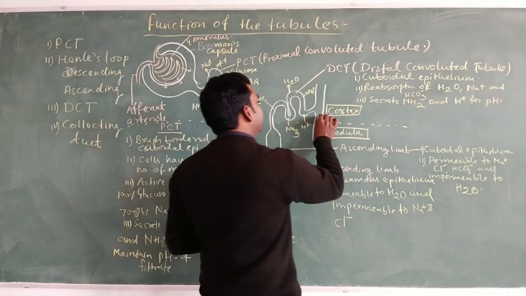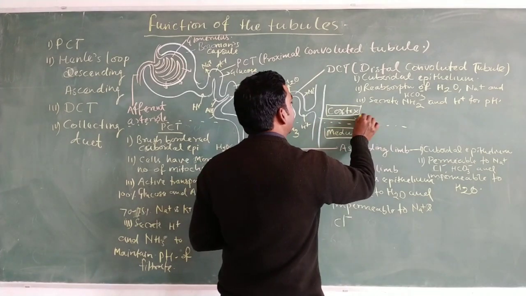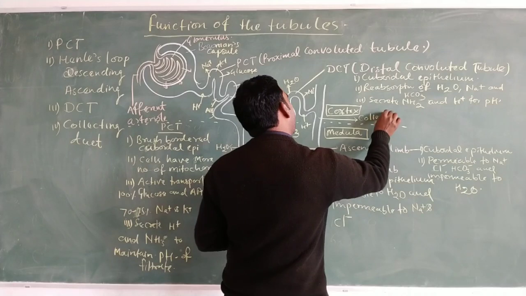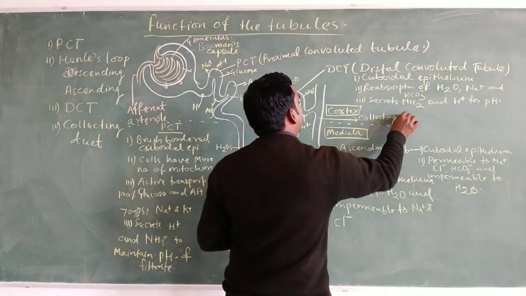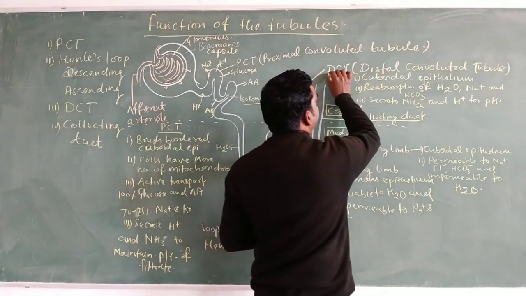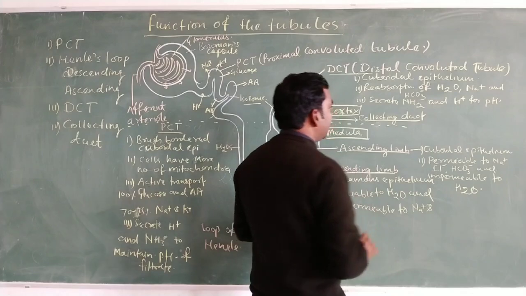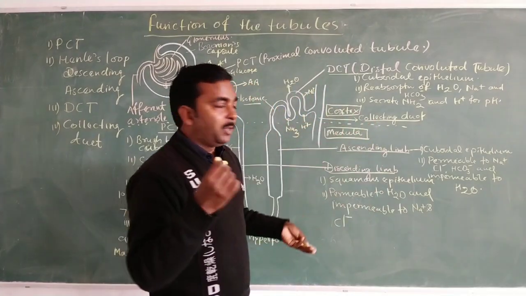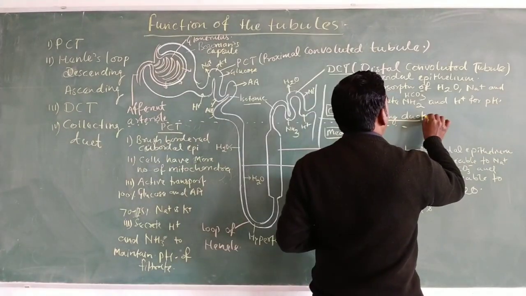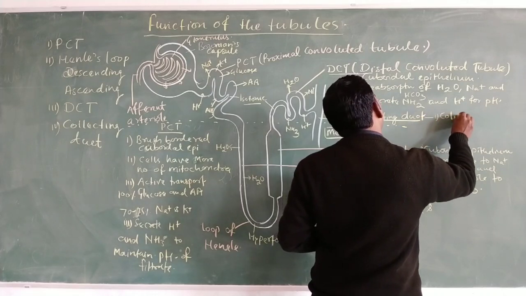And lastly, it is the collecting duct. So in the region of the collecting duct, the maximum amount of water gets reabsorbed, and it is made up of columnar epithelium.